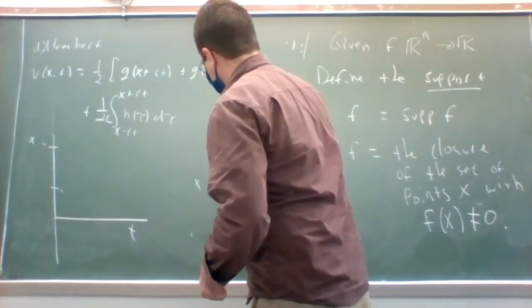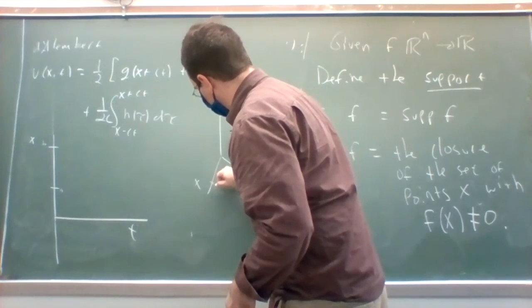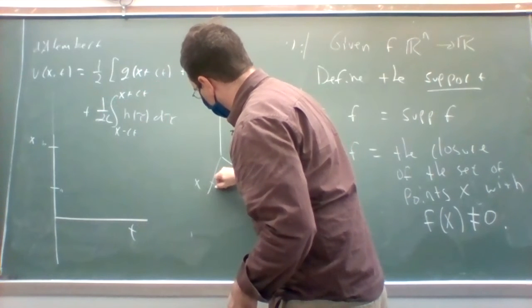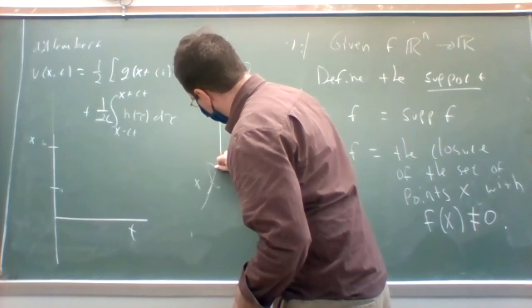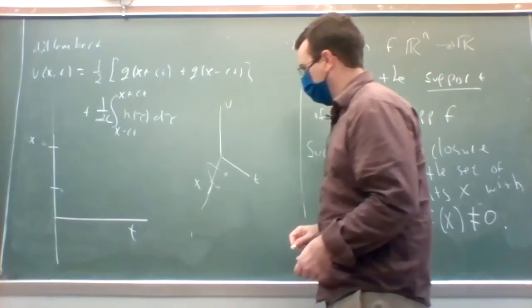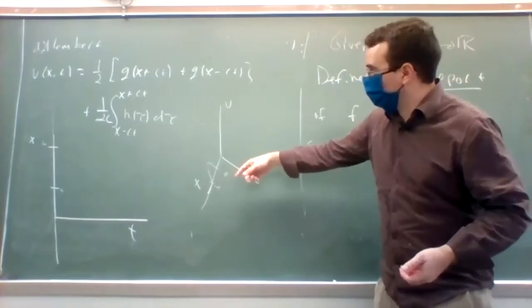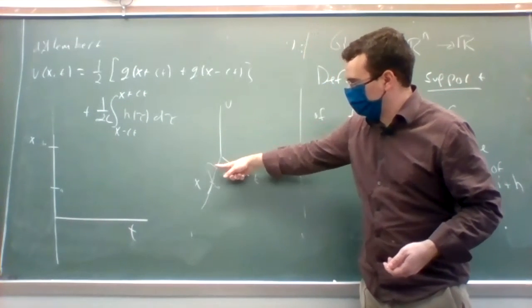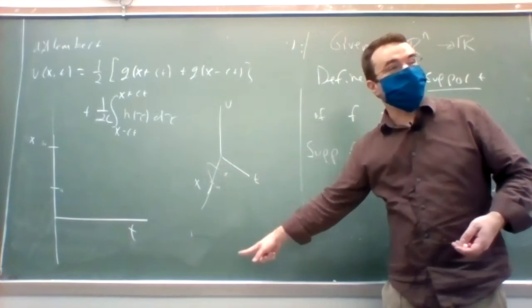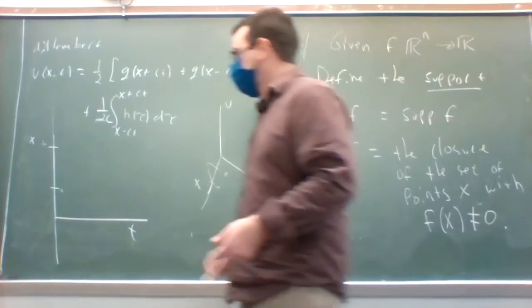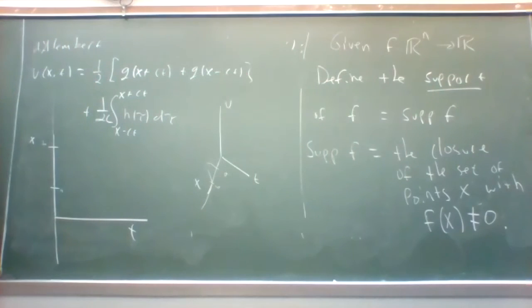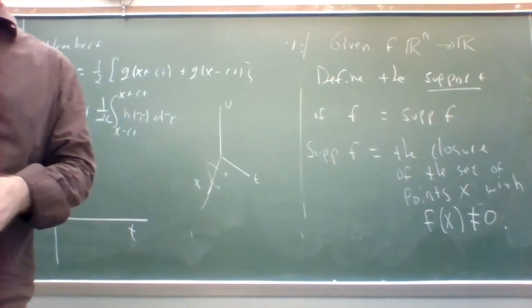Maybe in xt coordinates, it's kind of hard to draw, but you could imagine that as time goes, you could see this wave traveling down, but you're 0 outside of that position. And so Huygens' principle is basically telling you the following.